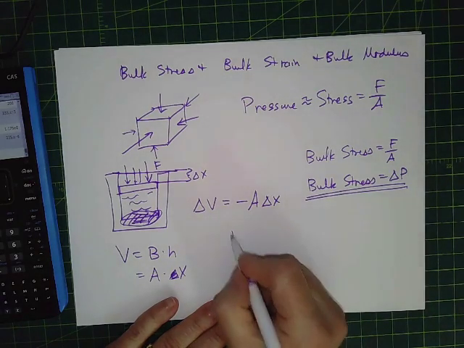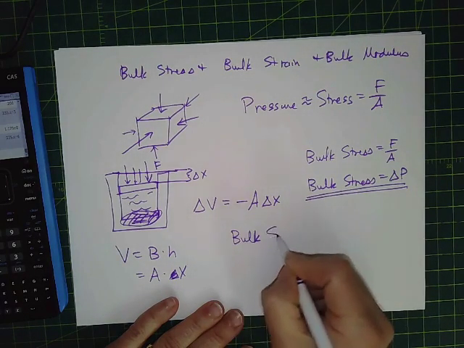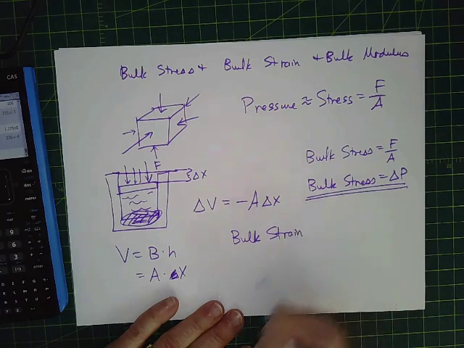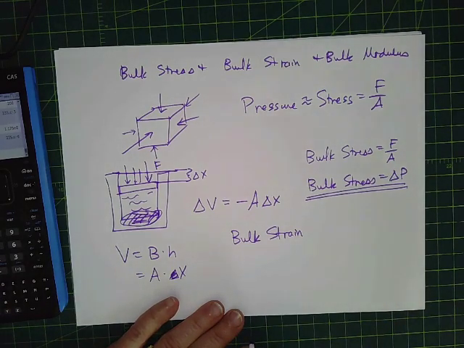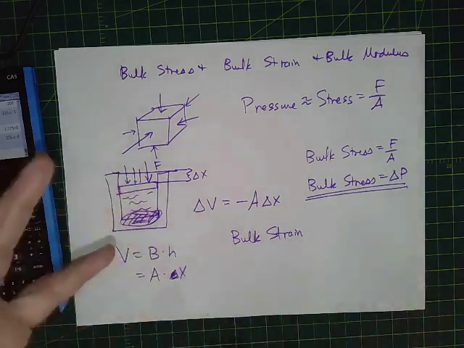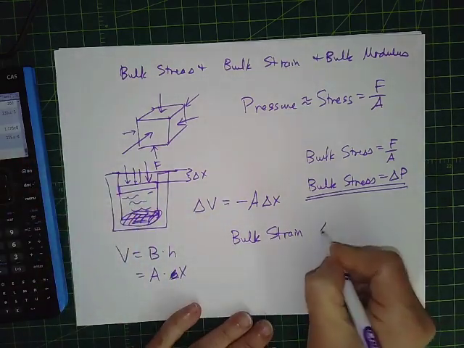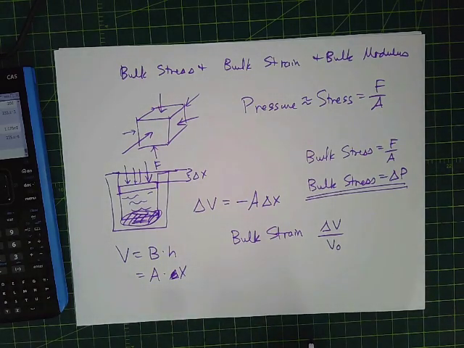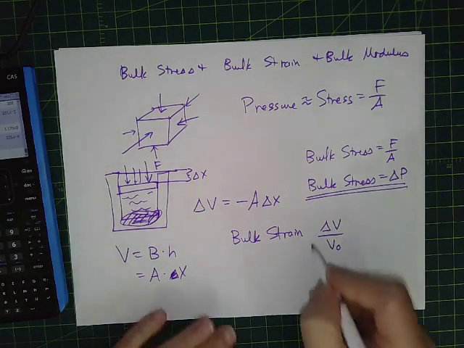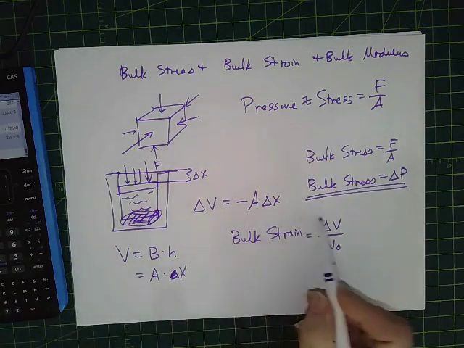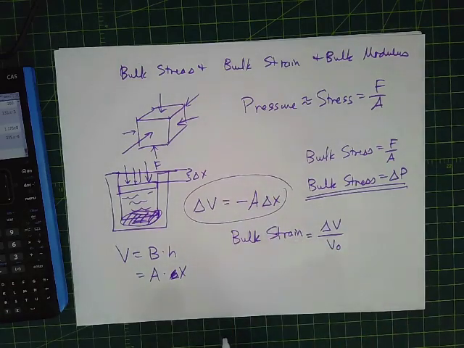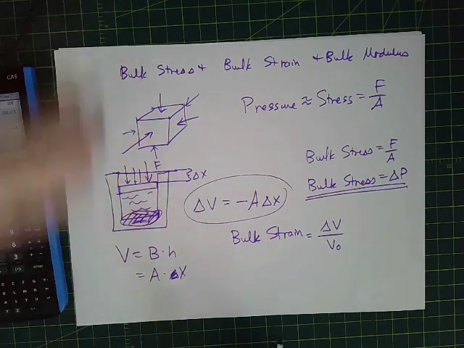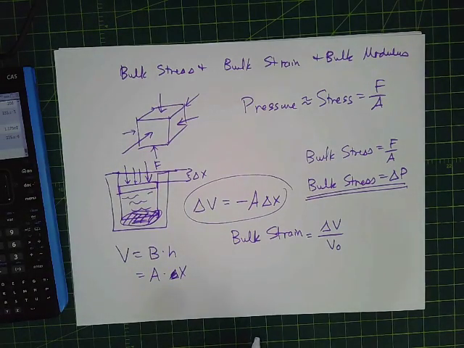The bulk strain, remember the strain is how much it deforms, basically as a fraction. We're deforming the whole volume, somehow it's getting a smaller volume. So that's going to be the delta V over the V naught. If it's a piston type thing where only one dimension is changing, we can say negative A delta x, to get the bulk strain as change in volume over volume.